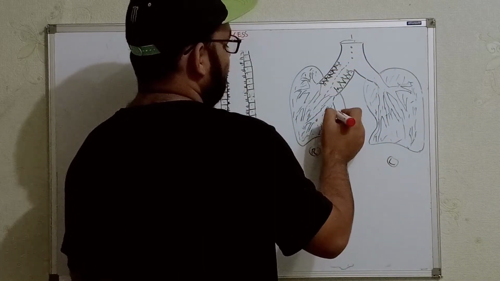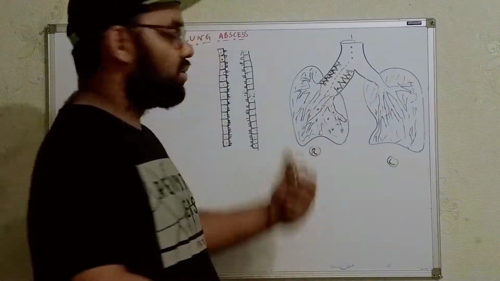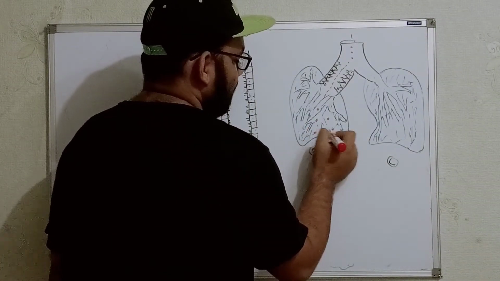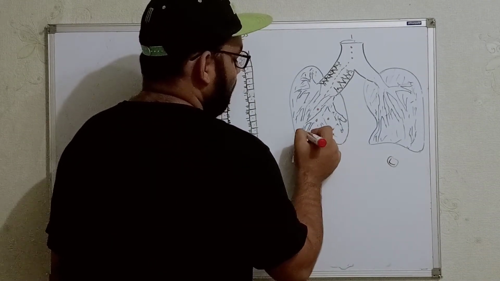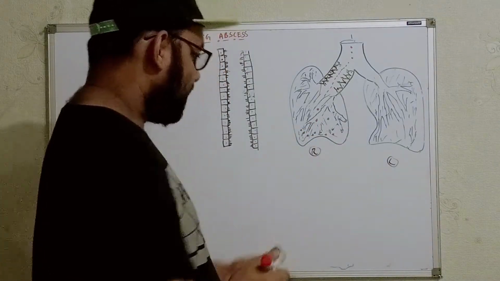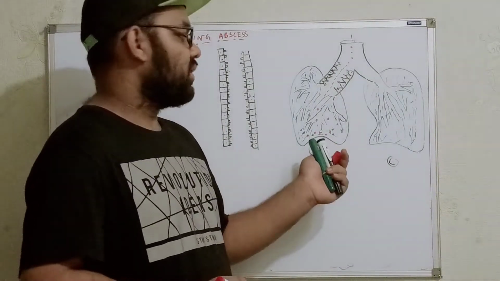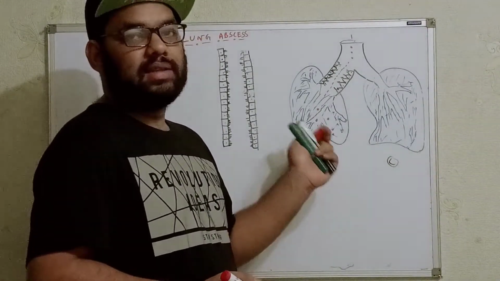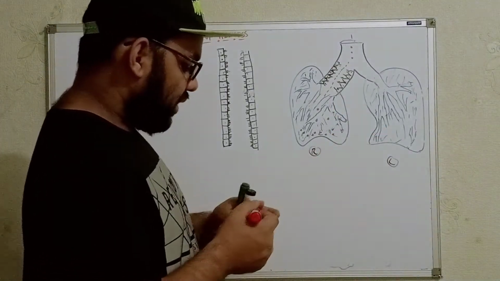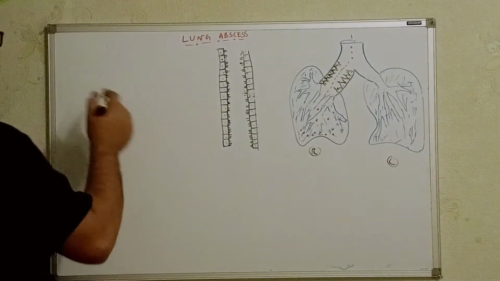Because there is more space here and less space there, and due to gravity, the foreign particles will get accumulated in the right lower portions, the right lower lobe. Now, what are the foreign body particles or etiologies we can see?